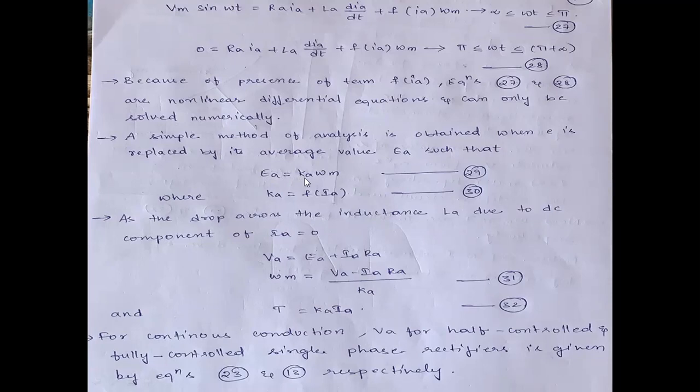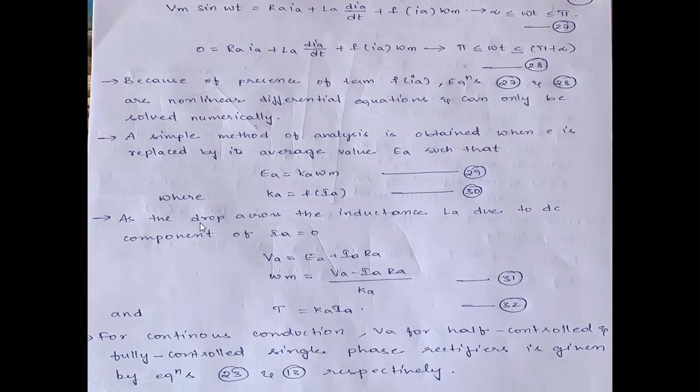Small e is a function of Ia into omega m, and in place of the function of Ia, I am putting Ka. So the average value becomes EA equal to Ka into omega m. That is the 29th equation.